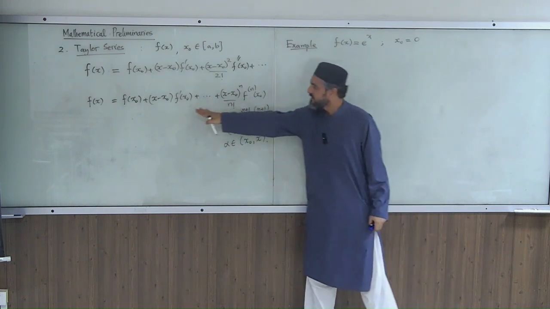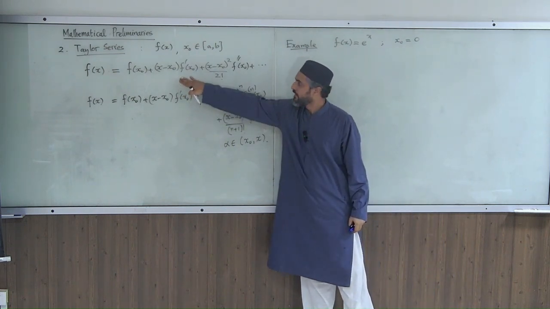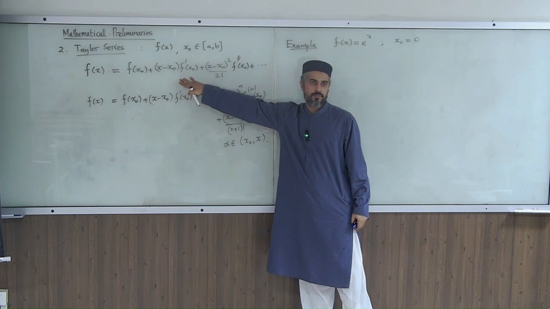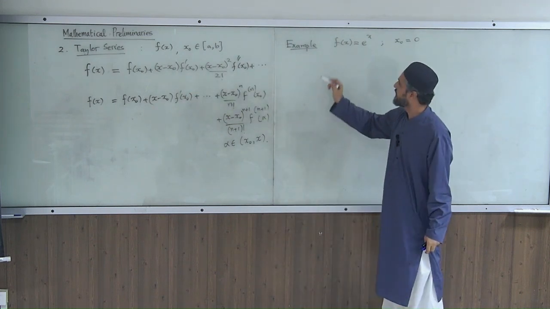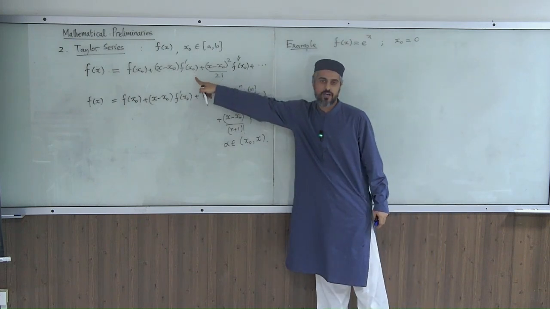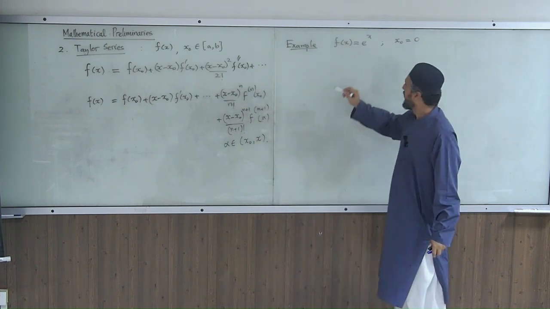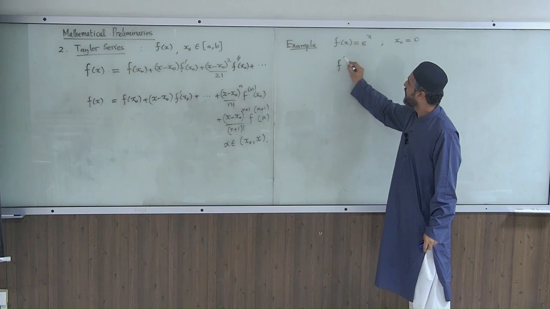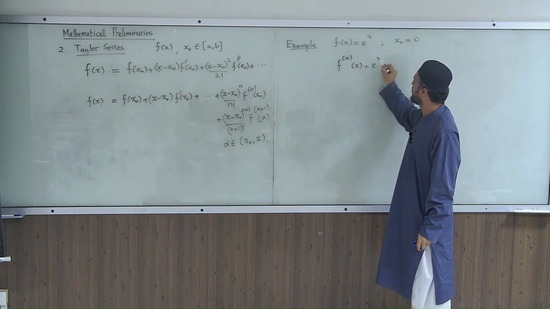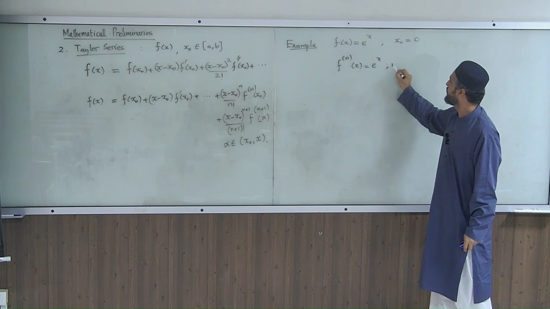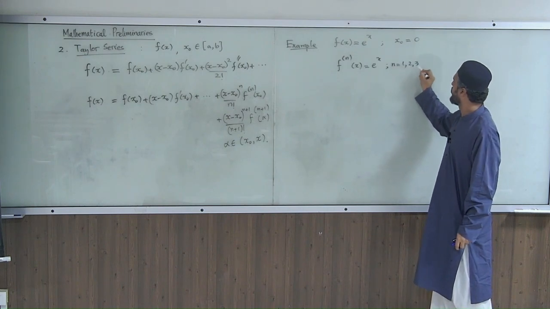So if I see, for example, the generic form of the Taylor series, it requires a derivative to be evaluated at x naught. Fortunately, the derivatives of e power x will be e power x for every n we have.